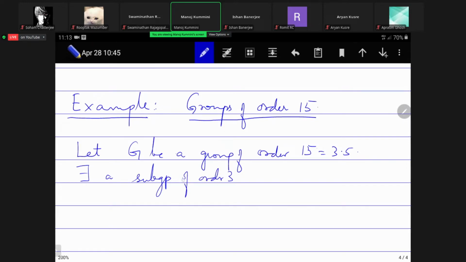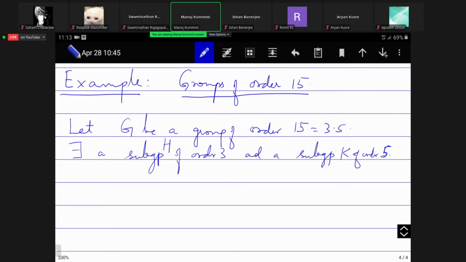Let us call this H, and a subgroup K of order 5. Of course, this statement alone we could have figured out as soon as we proved Cauchy's theorem. We don't need to wait till the Sylow theorems to do this, but this is what we have. So I'll just write here, from Cauchy's theorem slash Sylow first theorem. This is what we have.